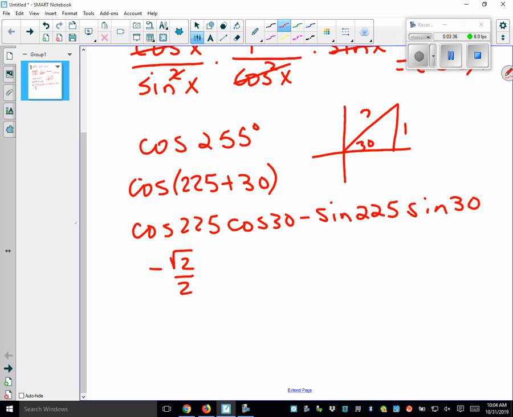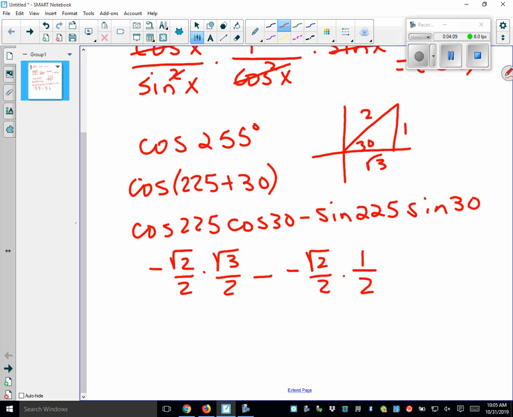Isn't this 1, 2, and radical 3? Radical 3 over 2. Minus, what's the sine of 225? Negative radical 2 over 2. What is sine of 30? 1/2. Okay, I'm going to pause here.